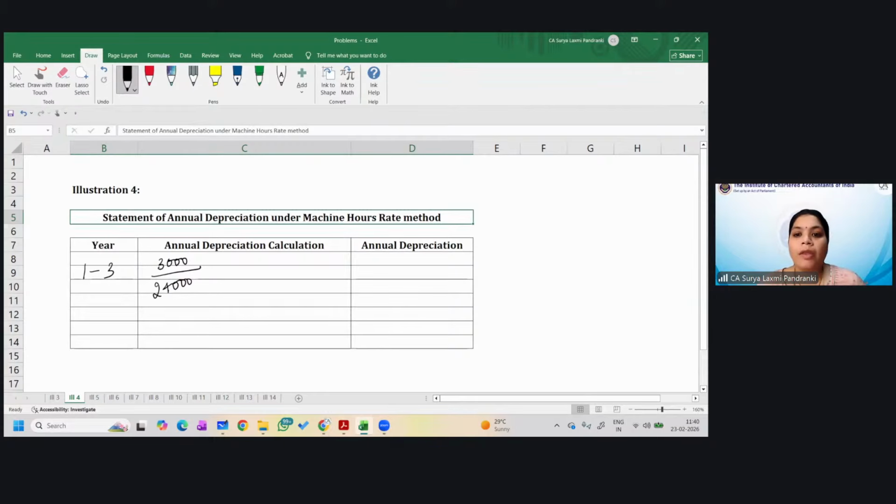This is clear? So 3,000 is in the numerator, 24,000 is in the denominator. 3,000 is the usage in that particular year, and 24,000 is the total. This is nothing but we are trying to see on an average how many hours we are using. 24,000 is the total number of hours the machine will be available.